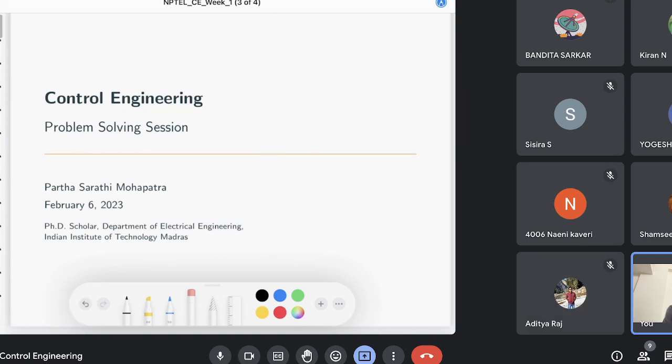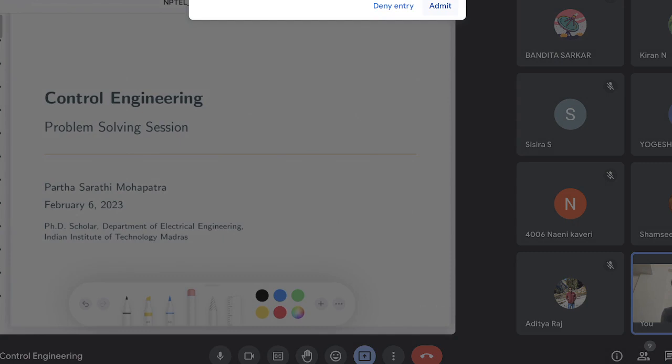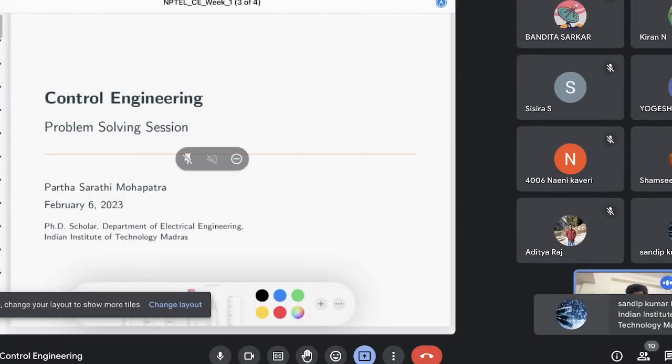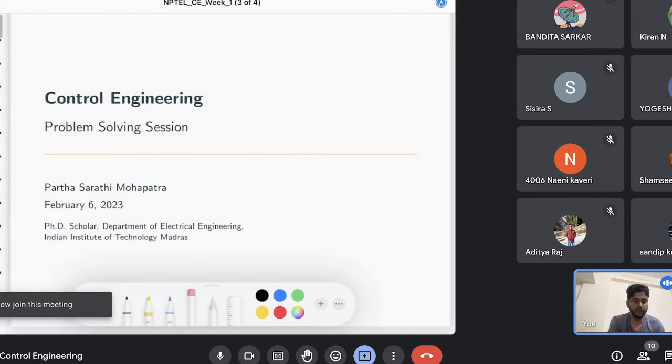To make this more interactive, I will present each question as a kind of multiple choice. You can try first and then answer through the poll. You can find the poll in the Google Meet, with some triangle, rectangular image there, below at your right corner, so you can answer the question from there.